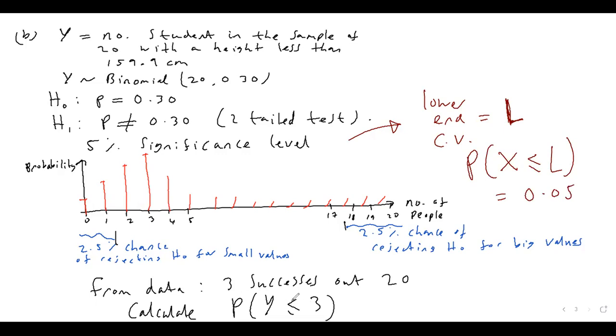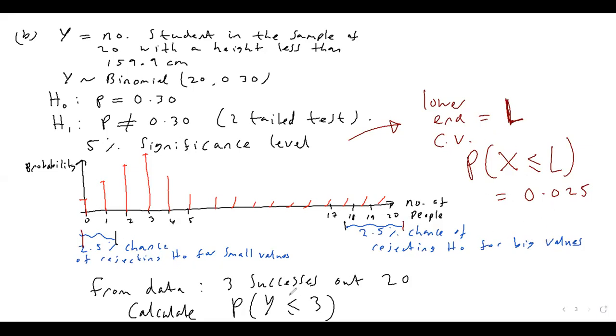The reason we want to calculate the probability that Y, this distribution we've got here, is less than or equal to the number of successes we got from our data, 3, is because, sorry, this is wrong here, this should be 0.025, because remember, we're splitting 5% in half. We've got a lower end significance level and an upper end significance level.